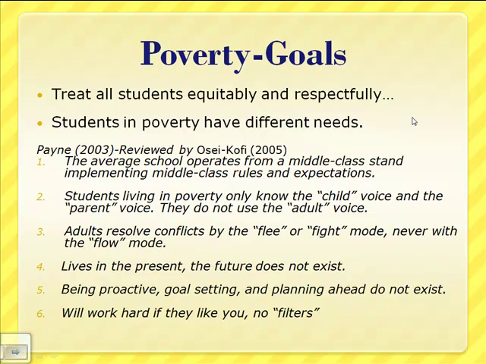So my goal would be to identify the students in poverty, to take the statistics that PA Cyber gets and have them pass that out to the teachers so that we are able to see students in poverty, who they are, identify them, and then meet their individual needs throughout class.